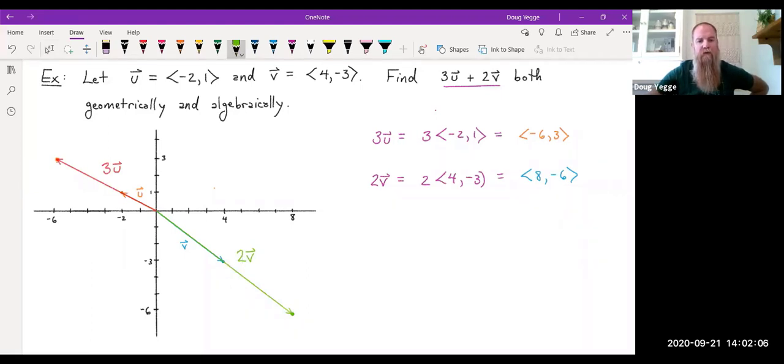So now that we've tripled vector u and doubled vector v, we can now add the two together. So notice by adding the two, we know that taking 3u and adding 2v means that all we need to do is add together the original vectors that we got up top, which were <-6, 3> and <8, -6>.